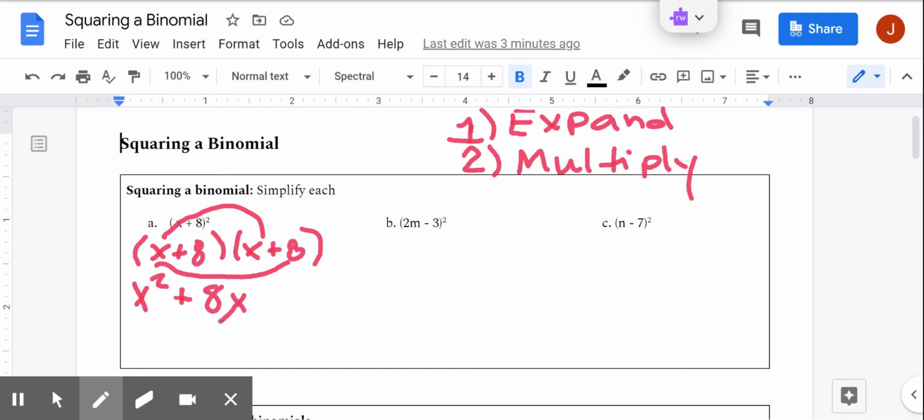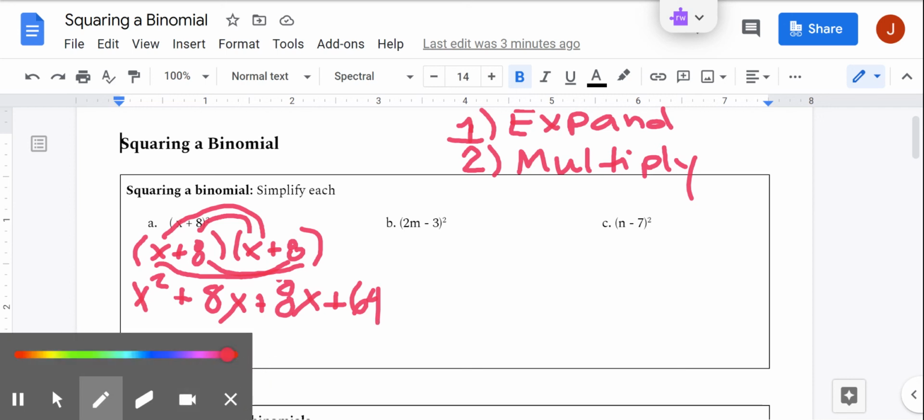So remember, FOIL means we multiply our first terms, so the first term in each binomial. In that case, this is x and x, so x times x is x squared. Then we multiply our outer terms. In this case, that x and 8 are on the outside, so x times 8 is plus 8x. Then we multiply our inner terms. Here that would be this middle 8 and the middle x. So again, 8 times x is positive 8x. And our last step is multiplying those last terms. So the last term in each binomial in this case is 8 times 8. So 8 times 8 is positive 64. Okay, so we've multiplied.